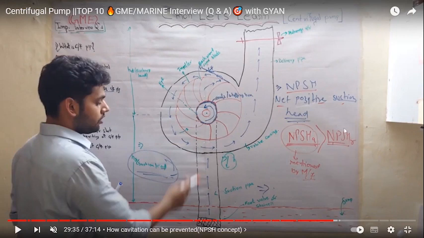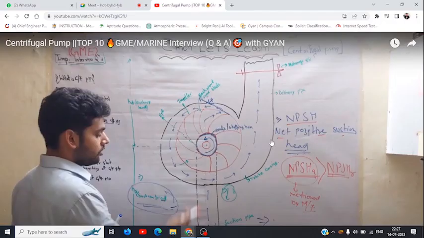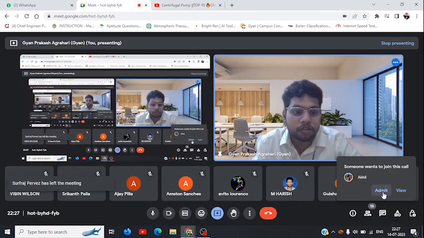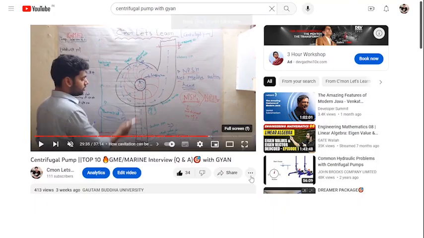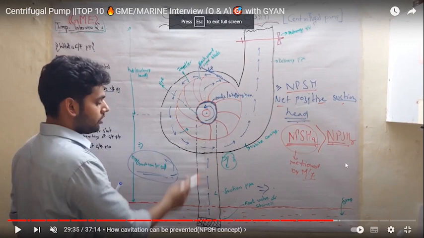This is correct. The NPSH required is mentioned by the manufacturer, and the NPSH available is calculated. You need to calculate that it is above the NPSH required. NPSH required is mentioned by the manufacturer.